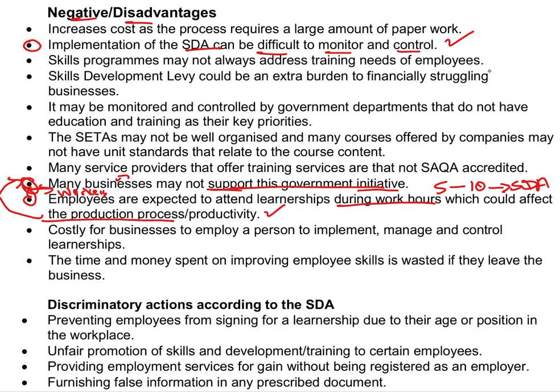So you should always look at the mark allocation when you are writing. If it is 8 marks, they want 4. If it is 2 marks, 1 response. 8 marks, 4 responses. 4 marks, 2 responses. That's what they want in business studies. So we proceed.